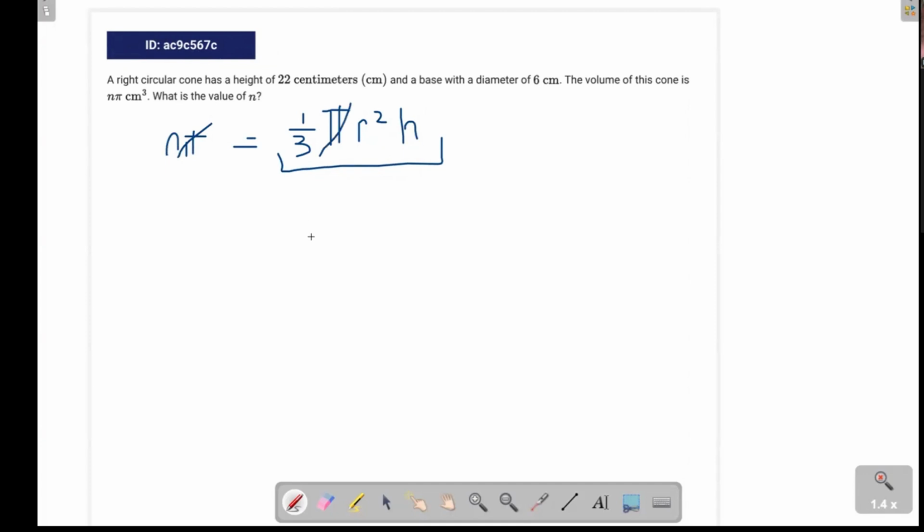From there, we know the height is 22. And we know what the radius is because it tells us the diameter is 6. The radius is just half the diameter, so the radius is going to be 3. And you're squaring it.